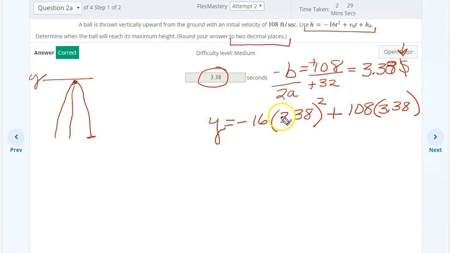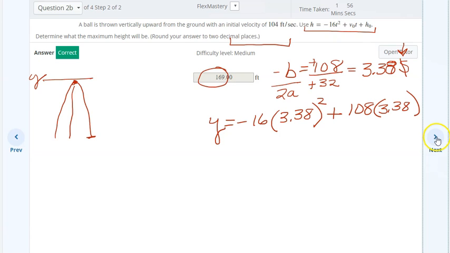Now there is the protocol to get the answer. You just carefully put that into your calculator, and when you do so, they're going to give us what comes out of this, and we see it.